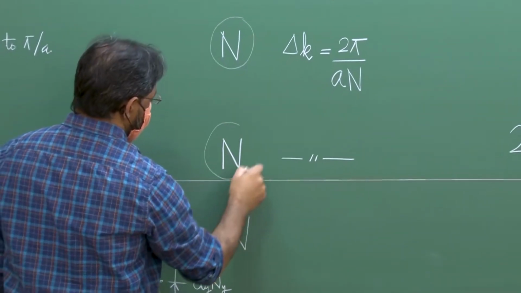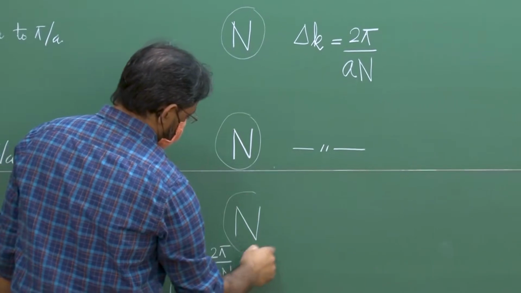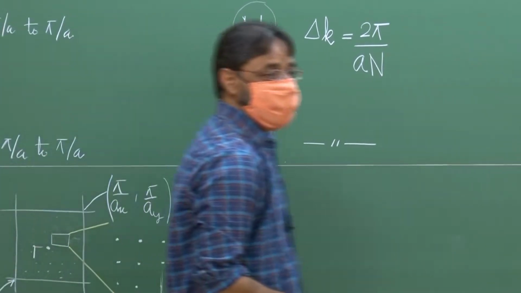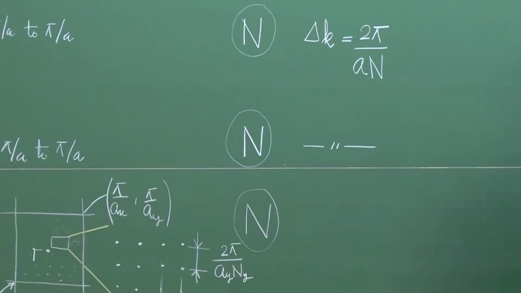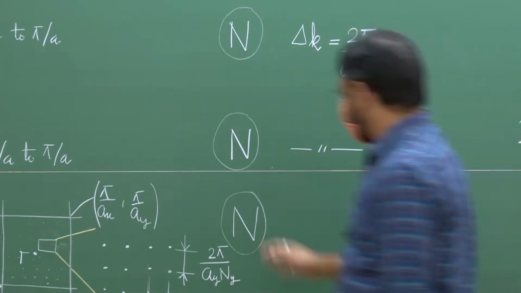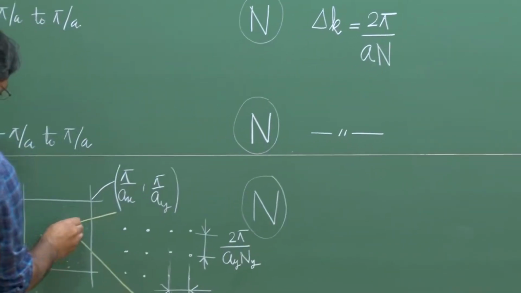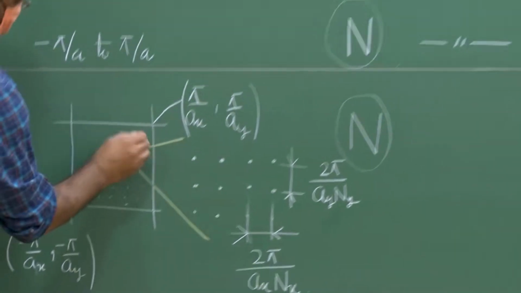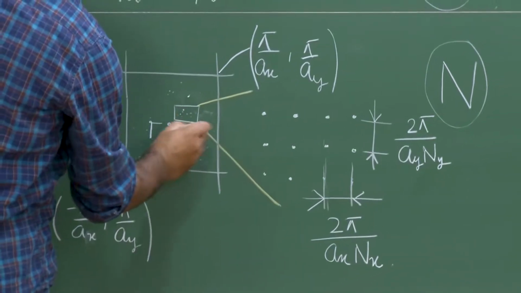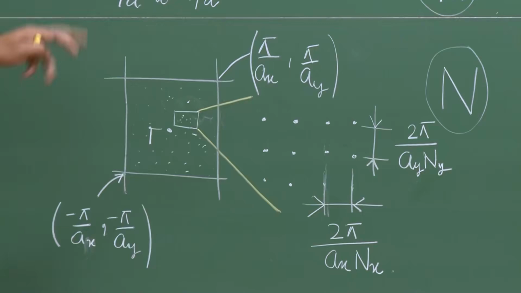Why is this number not changing? You have to come to terms with this. Try to argue to yourself that the number of k points would still be n.